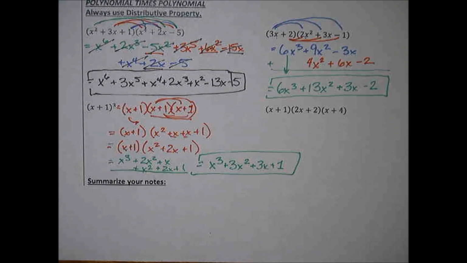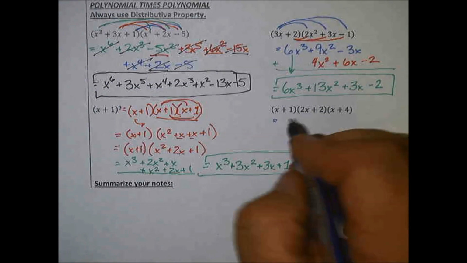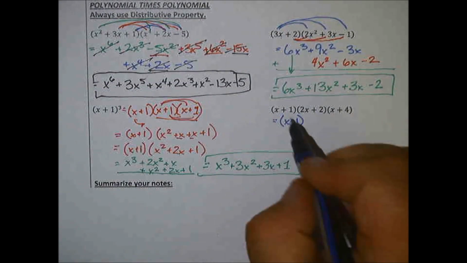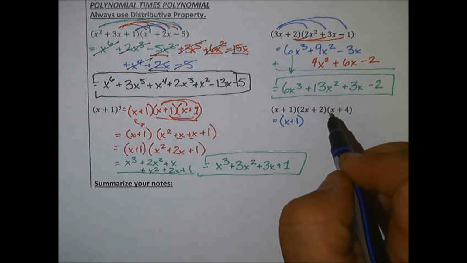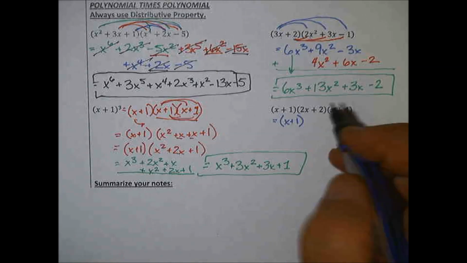Okay? And now for our last problem. Again, same type of issue, and I'm going to show you a quick way to kind of make life a little bit easier. So x plus 1, I'm going to leave that. I'm going to multiply these two first, because I kind of like having a smaller polynomial in front.